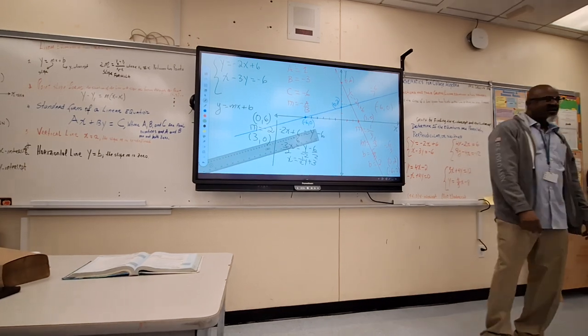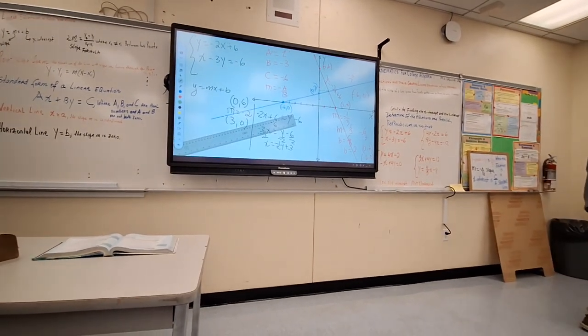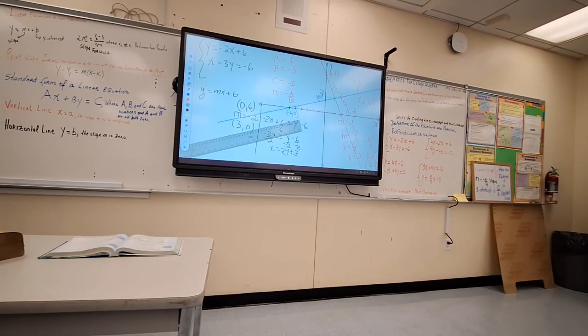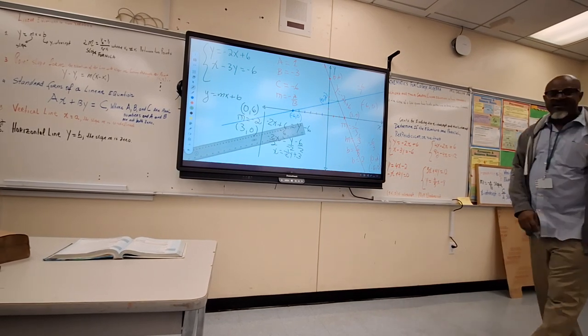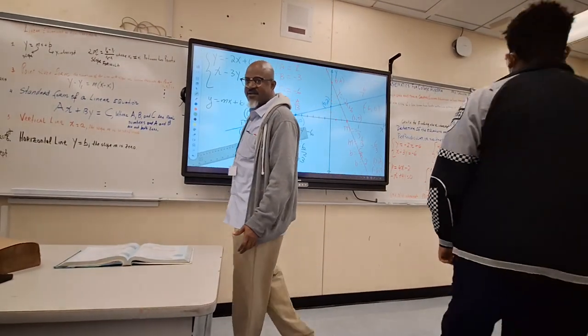The computer will tell you that. But if you use elimination or substitution, you will get the exact value. Alright? Then that will be the end of this problem. Right? Does that make sense?